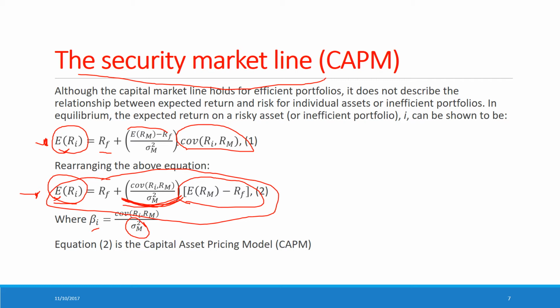So what we observe here in equation 2 is that the only relevant risk factor for individual assets is the co-movement or the sensitivity of the asset returns to the market returns, right? So only the common factors, only the contribution of the individual assets to the common movements of the market portfolio is relevant when we measure the individual asset's return.